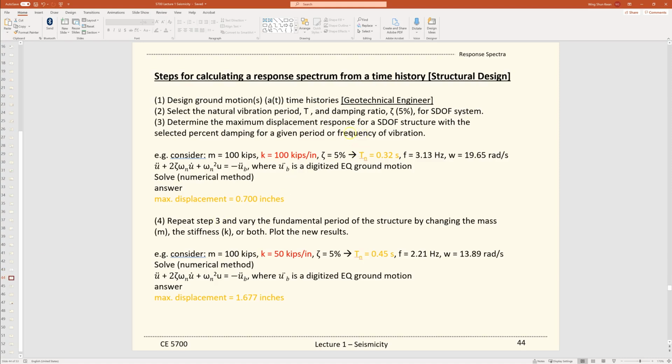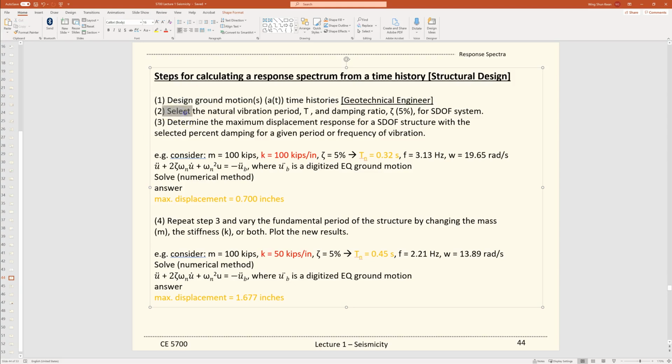So as a geotech, we design for the ground motions. Very likely for our engineering jobs, we have the design spectrums, and then with that we will select ground motions, and then we can pass the ground motions to our structural engineer peers to do their structural dynamic analysis work.